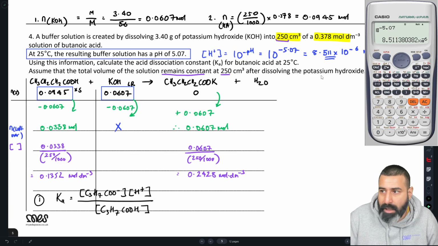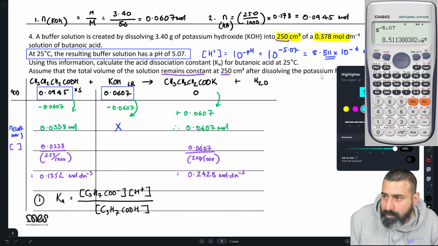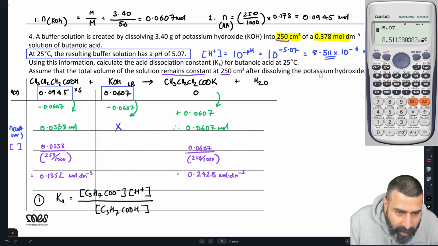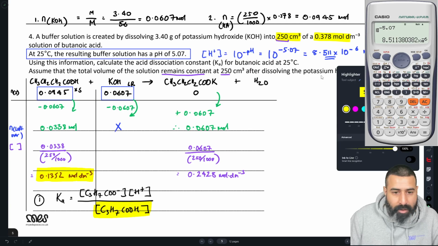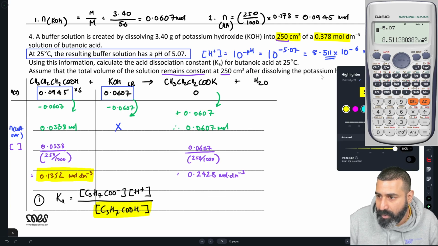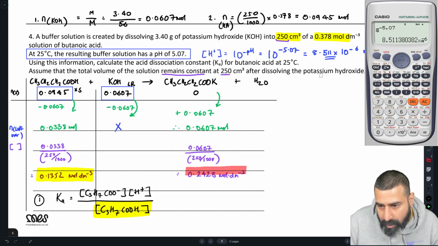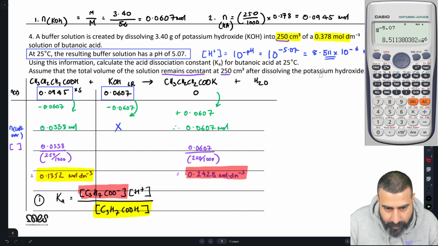And I'll try and color code this, okay? Let's use yellow. So I know the concentration of my weak acid. That is in yellow. Do I know the concentration of my potassium salt? Yes. It's here. So these guys match up.